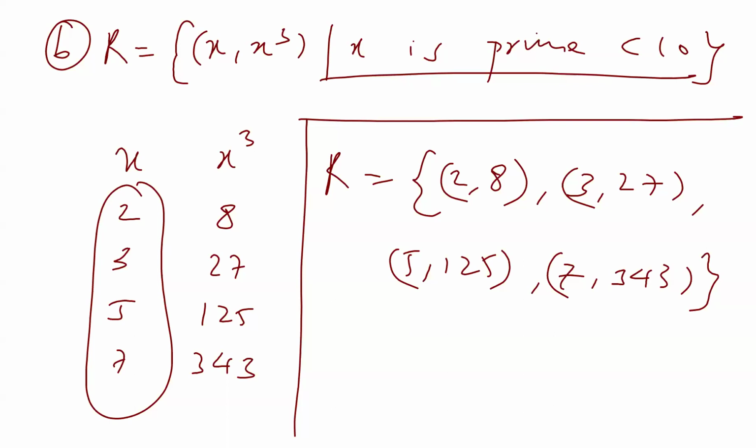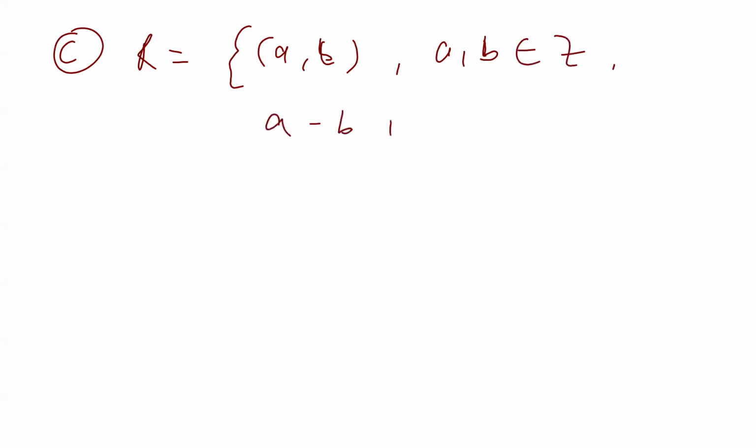So in question number C, they have given R, which has (a, b), where a and b belong to integers, and a minus b is an integer. So just refer to this problem. Now see, there are infinite integers, and any integer minus another integer will give you an integer only.